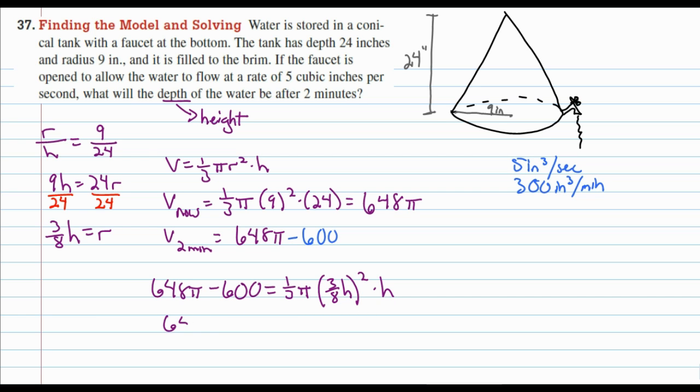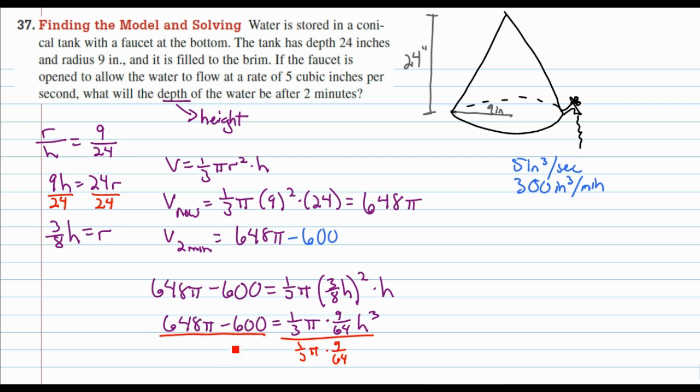So 648 pi minus 600 equals 1/3 pi times 3/8 squared, which is 9/64, h cubed. Now I get to divide both sides by 1/3 pi times 9/64.